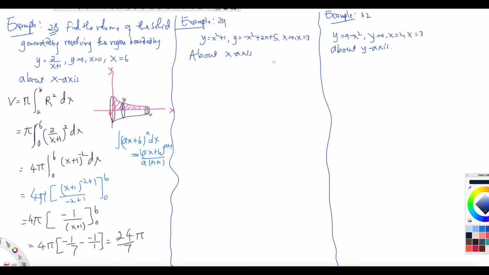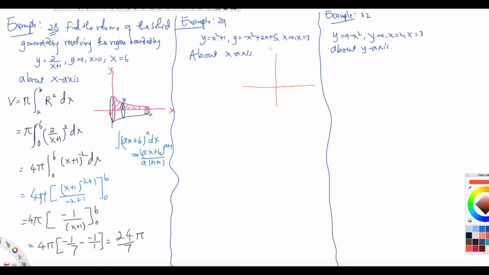Okay, if you draw the graph of this, this is what it will look like. This is x equals 0, and x equals 1, 2, 3 will be here. We will be plotting only in this region.